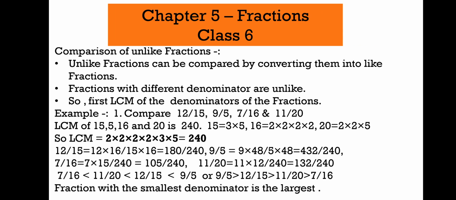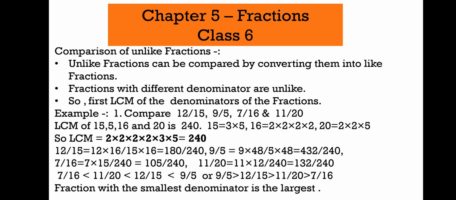So 12 upon 15 is equivalent to 180 upon 240. 9 upon 5 is equivalent to 432 upon 240. 7 upon 16 is equivalent to 105 upon 240. And 11 upon 20 is equivalent to 132 upon 240. So we have made all the denominators the same. They are equal to 240.